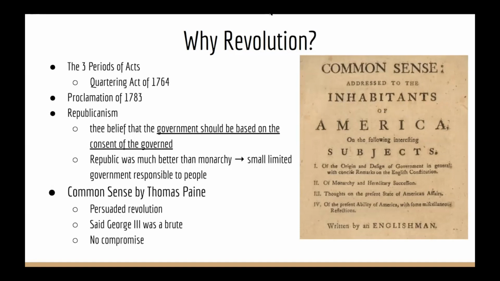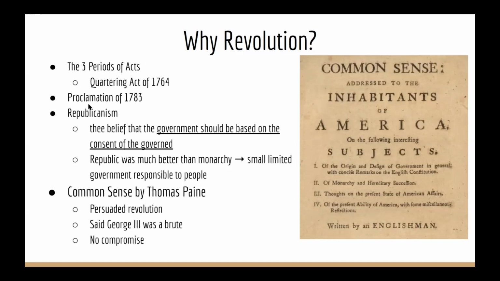Then this idea of republicanism also arose from the 3 periods of acts and the many acts that Britain enforced. Republicanism is basically the belief that the government should be based on the consent of the governed. It's an emphasis on a small, limited government responsible to the people.